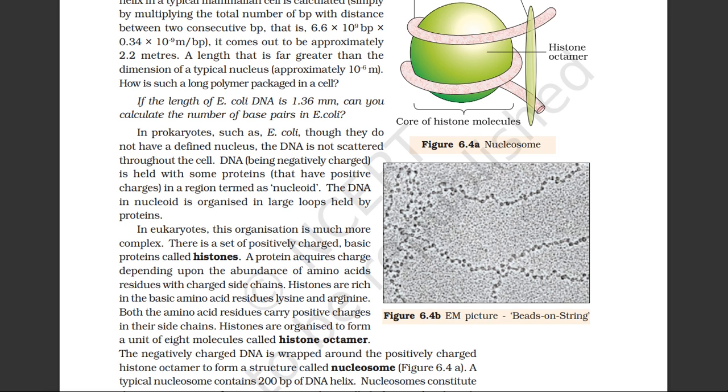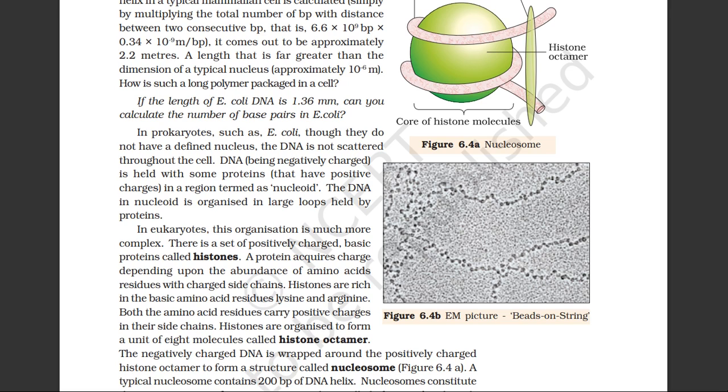There is a set of positively charged, basic proteins. A protein acquires charge depending upon the abundance of amino acid residues with charged side chains. Histones are rich in the basic amino acid residues lysine and arginine. Both the amino acid residues carry positive charges in their side chains.